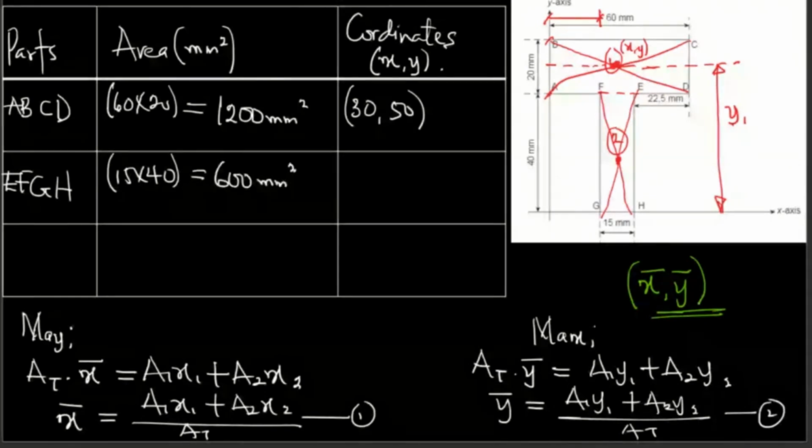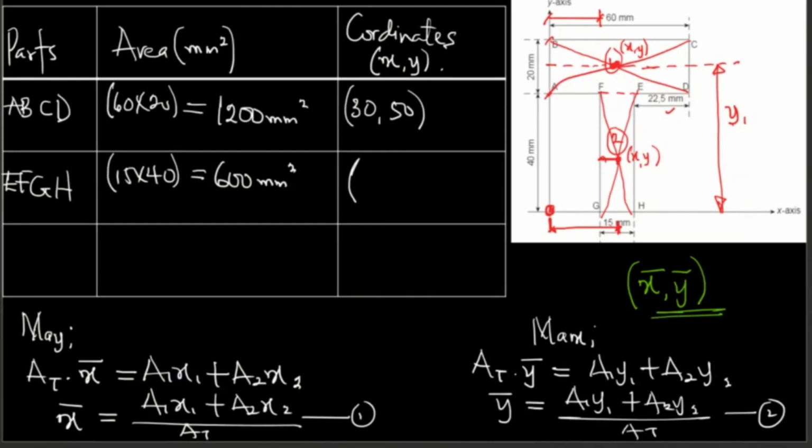So that is A2. Now the x and y coordinate of that: you measure x from the origin center. The thickness there is 15, right? So this is going to be 7.5. So it's going to be 7.5 plus 22.5.